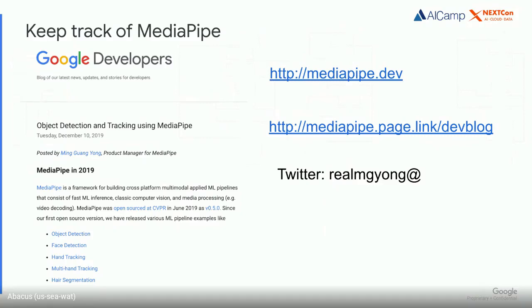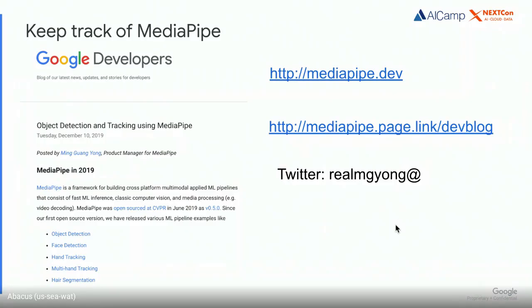To follow progress on MediaPipe, we will post updates about MediaPipe's progress on the Google Developer Blog, and occasionally MediaPipe may be mentioned on the Google AI Blog, as it was for the hand tracking demo. And if you go to MediaPipe.dev on GitHub, you'll see the releases, a series of source code releases in the MediaPipe code base.